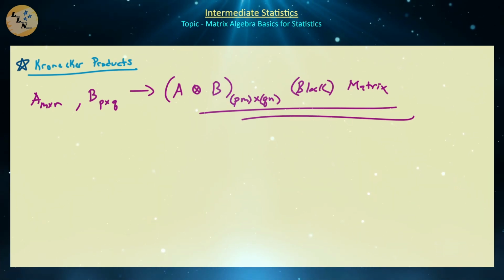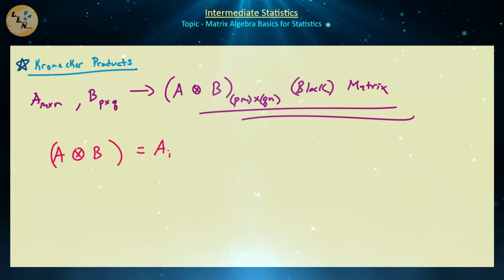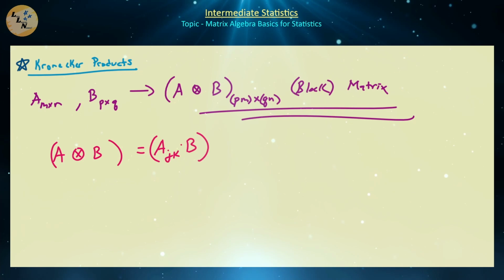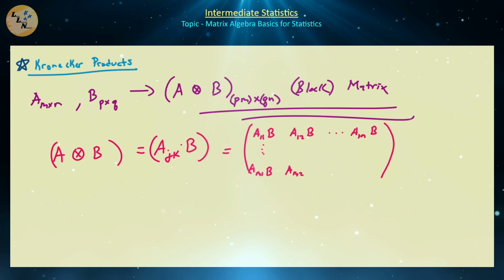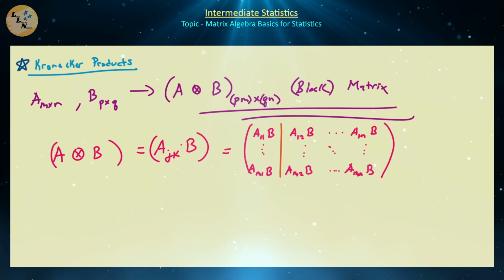So in particular, how do we define this particular matrix? A Kronecker product B is going to be equal to the jk-th element of A times matrix B, for each element a_jk in A. So for example, if we have a11, we're going to take the element a11 and multiply that by B. Then we're going to do a12, multiply that by B, and that's going to go all the way out to a1n times B. And then we're going to continue that all the way down to, for example, am1 multiplied by B, am2 multiplied by B, all the way out to amn multiplied by B. So each of those objects or cells are going to be matrices.